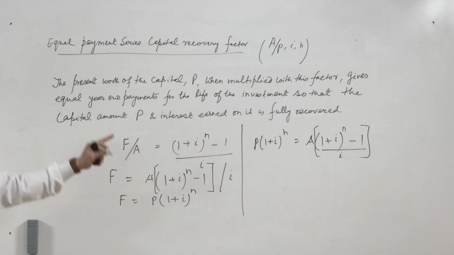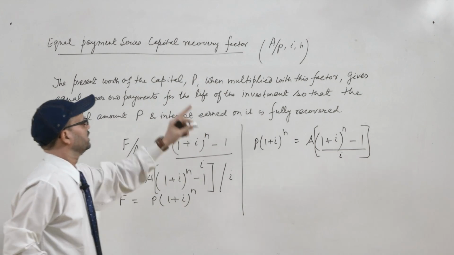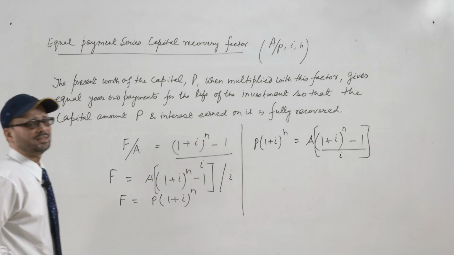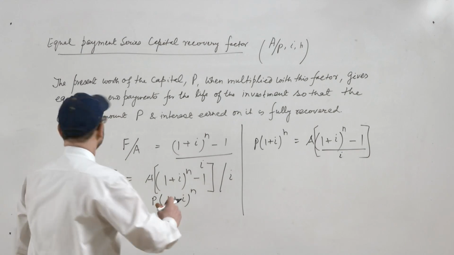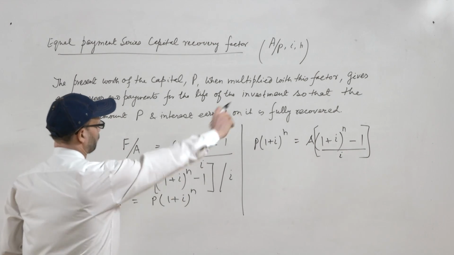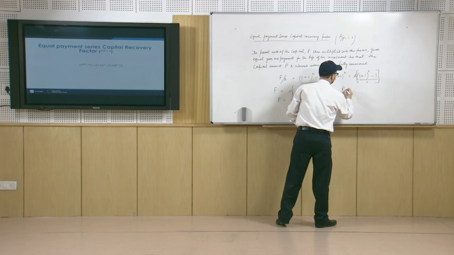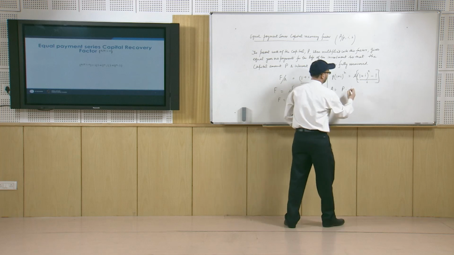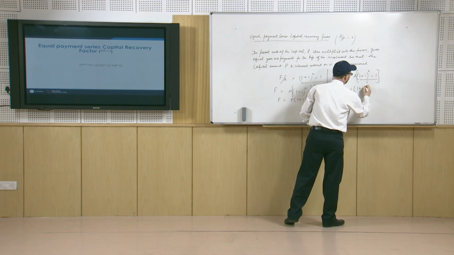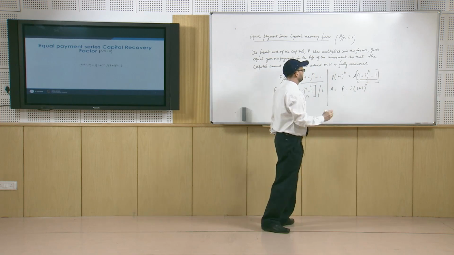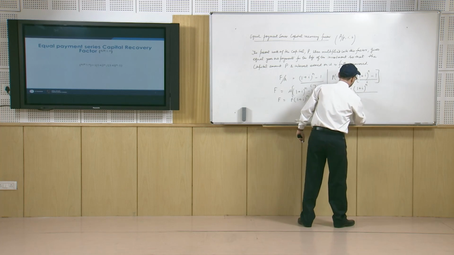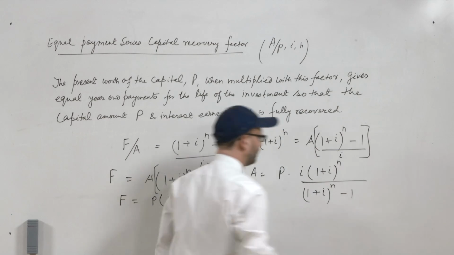Now, we have to find A by P. So, P should be multiplied with this factor. So, what will happen? A will be equal to P into i into 1 plus i raised to the power n divided by 1 plus i raised to the power n minus 1.